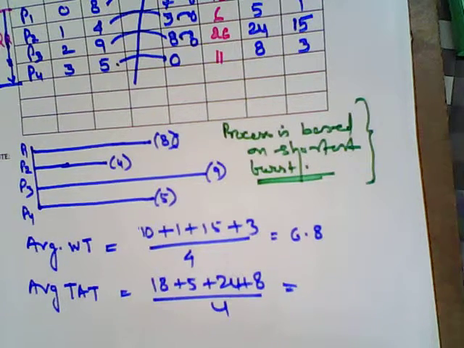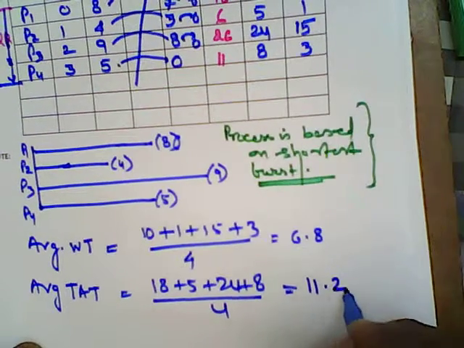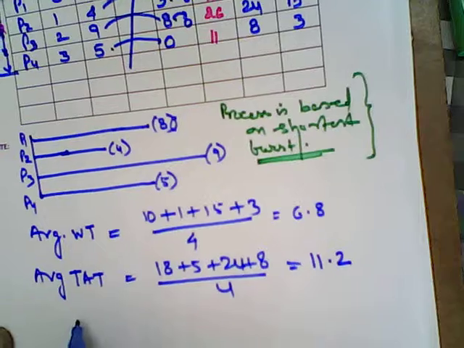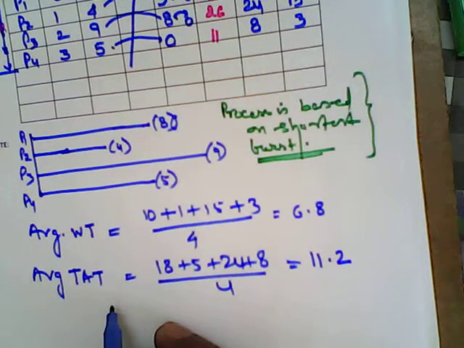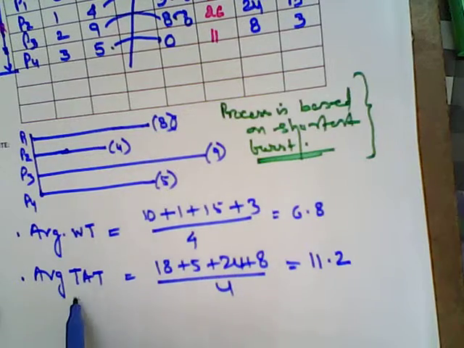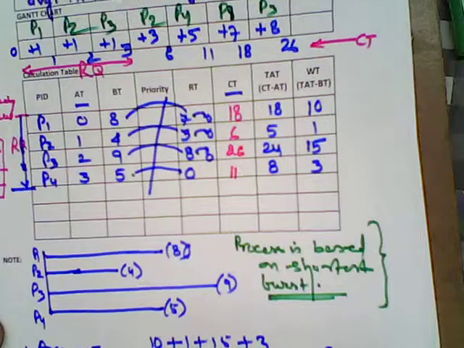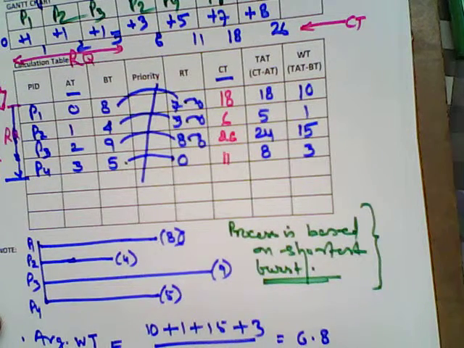So these are the two important components normally asked in all the questions: average waiting time and average turnaround time. So this completes the SRT algorithm, and I believe that you have understood based on the given ideas. Thank you.